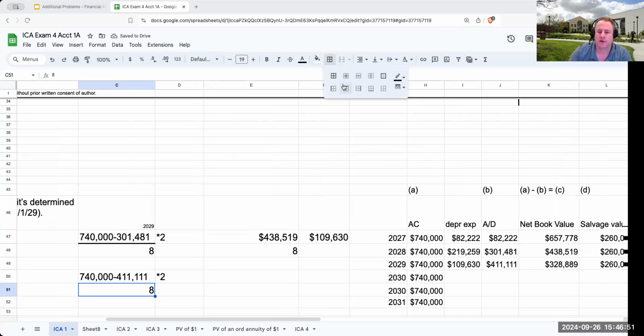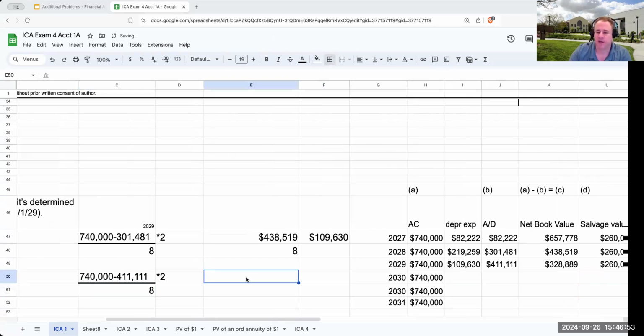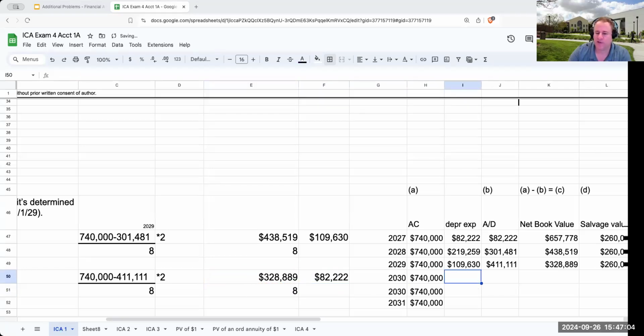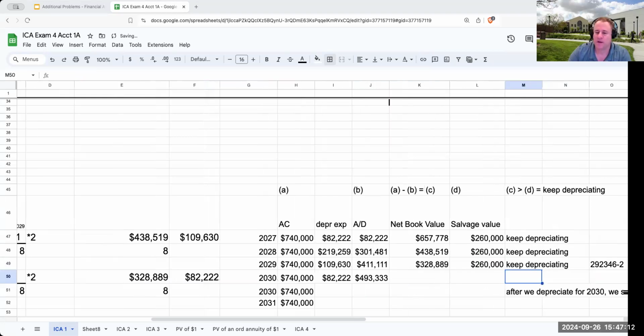So this is going to give me 328,889 divided by 8 times 2, or 82,222. Huh. So pure coincidence. Okay, so over here, my total accumulated depreciation is 493,333.